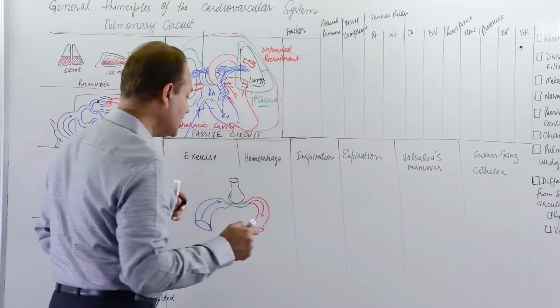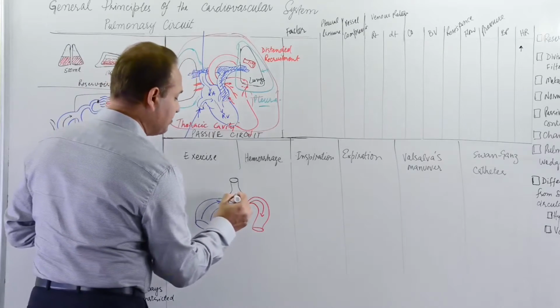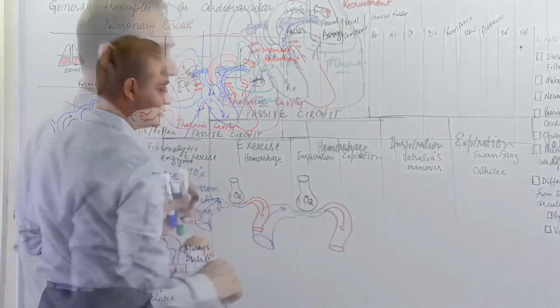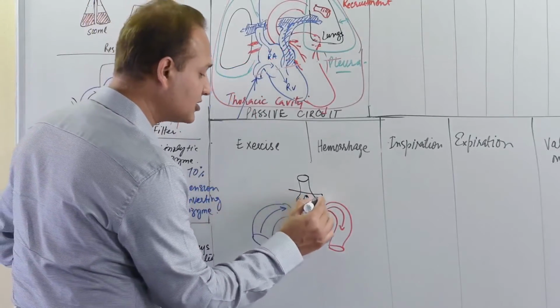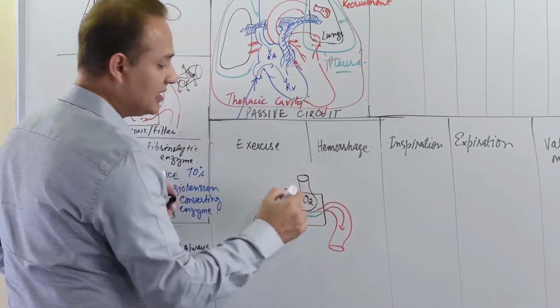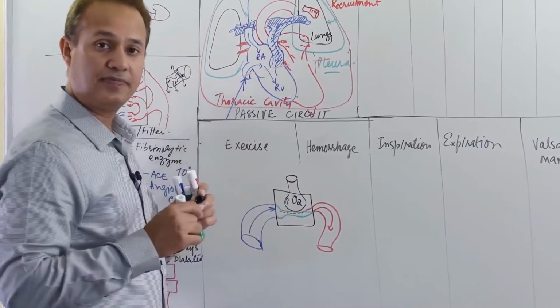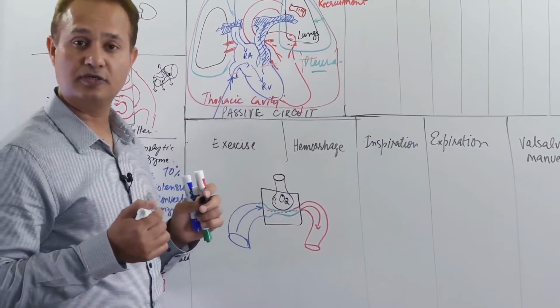Now this is the second difference from the systemic circulation, and this is where they ask you many questions. Based on the oxygen content of the alveoli, the capillary diameter will be controlled.